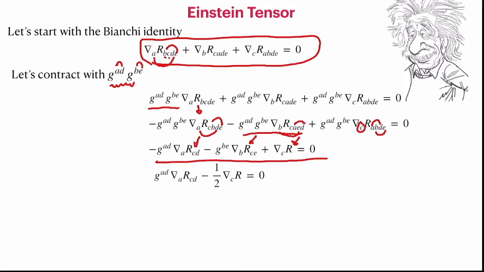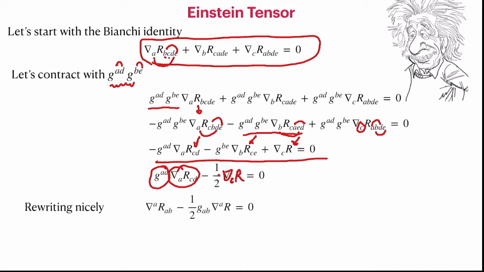We can rewrite this neatly by dividing by 2 on both sides. The other side is 0, so it doesn't really matter. So we have g^AD, divergence of R_CD, and then half times the derivative of the Ricci scalar, or that is the covariant derivative of a scalar, which is also a partial differential, but we can keep the notation.